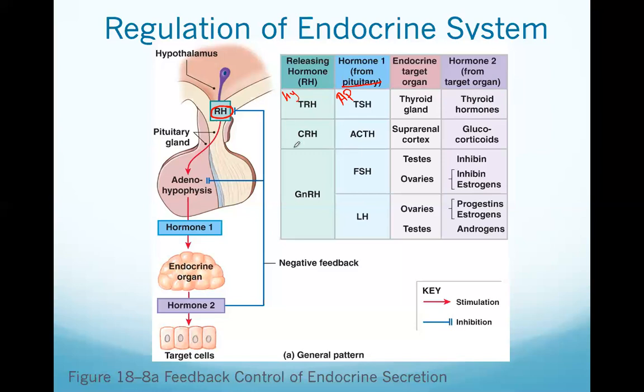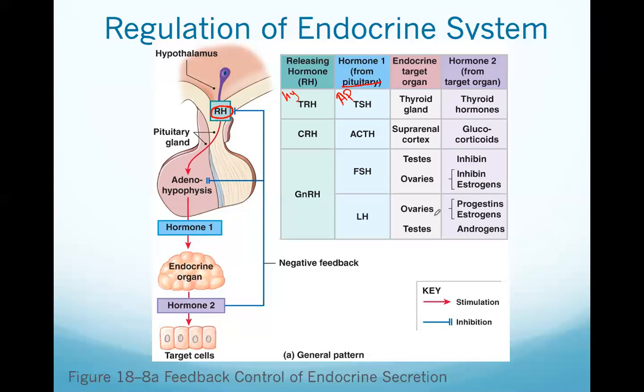Another example, you have CRH, the releasing hormone that triggers the release of a hormone called ACTH, or adrenocorticotropic hormone, which targets the suprarenal gland, or your adrenal gland, and causes the release of hormones called glucocorticoids. Now, you also have a hormone called GnRH, which is gonadotropin releasing hormone, which causes the release of FSH and LH, which eventually target the secondary endocrine organs, testes and ovaries, and causes major changes inside the body.